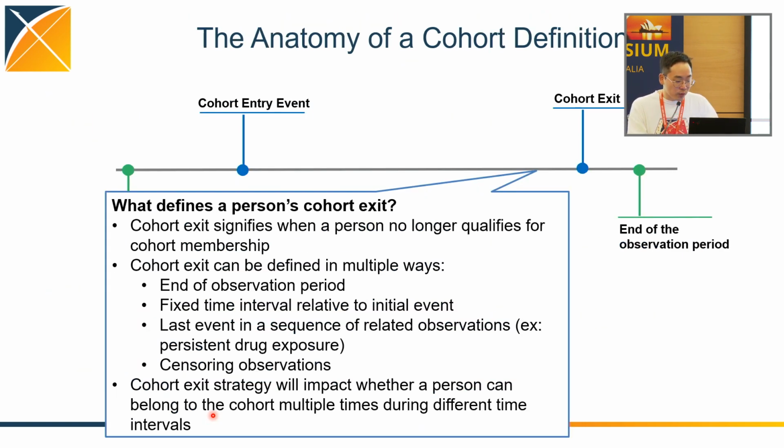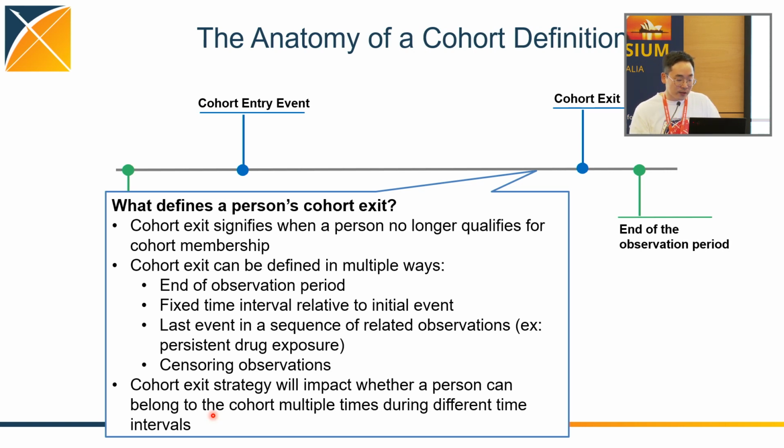And lastly, we have to define the person cohort exit criteria. Cohort exit signifies when a person no longer qualifies for cohort membership. Cohort exit can be defined in multiple ways. The easiest way is to define this as the end of the observation period.